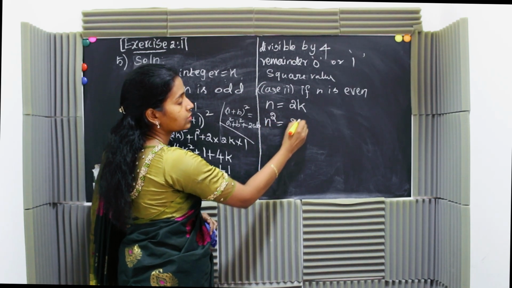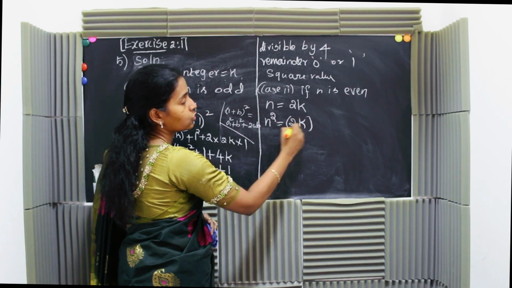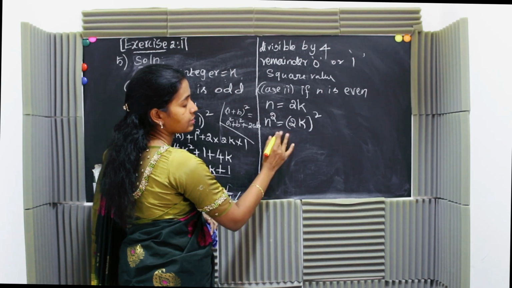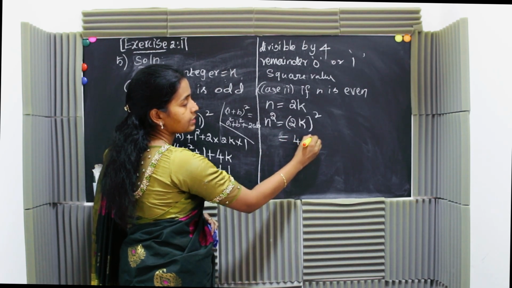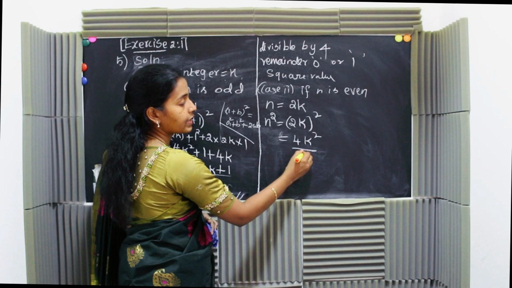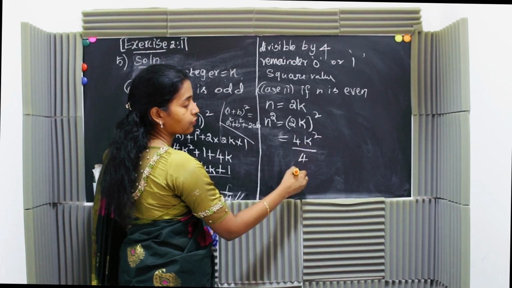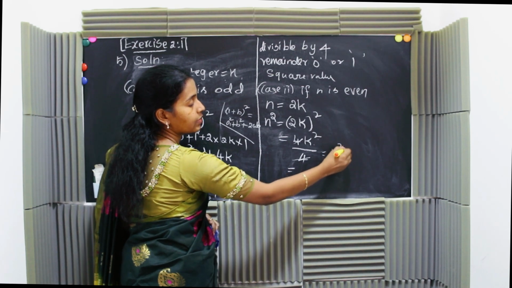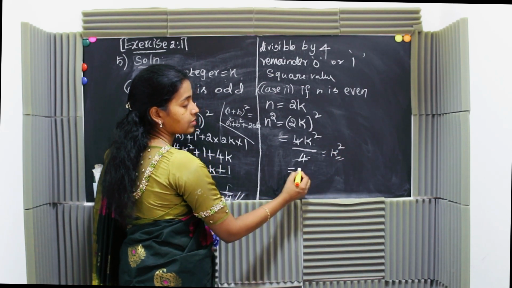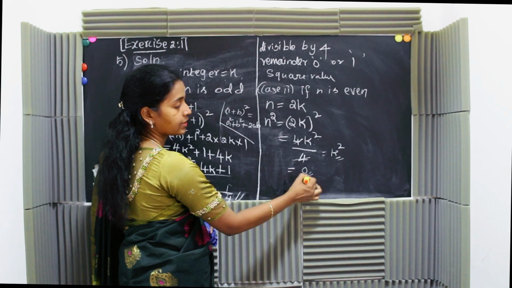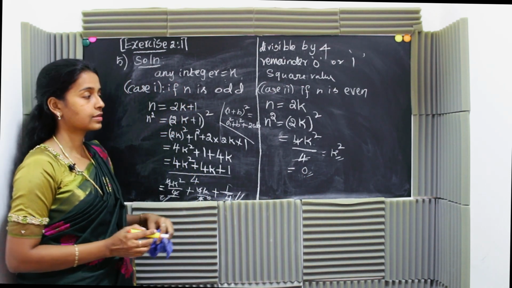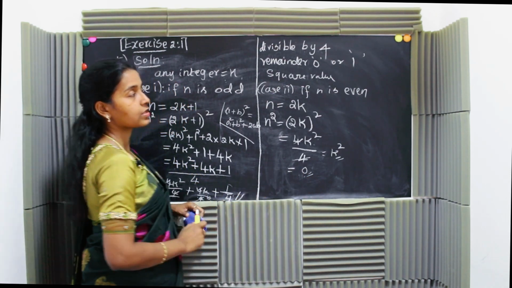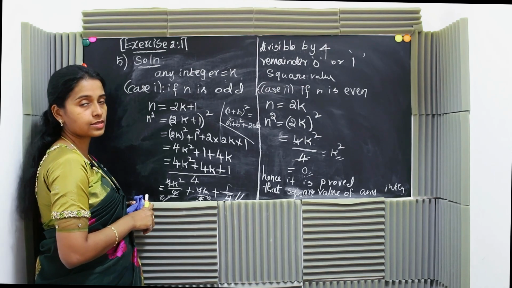I'll get n square, 2k square means 4k square. If I divide 4k square by 4, I'll get the answer k square. The remainder would be 0, right? The remainder would be 0.